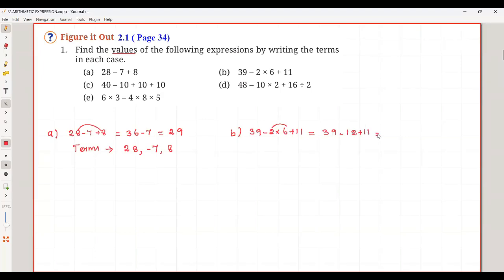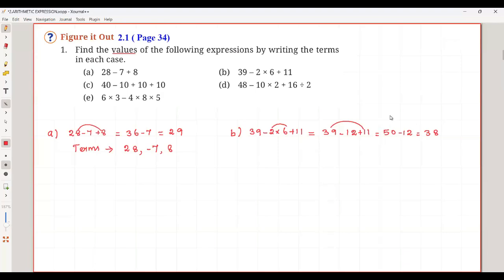Next, I have to add. 39 plus 11 is 50. 50 minus 12 is, so I will be getting 38.